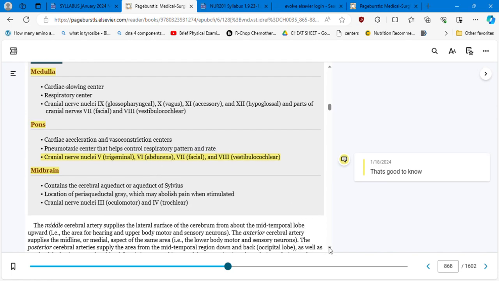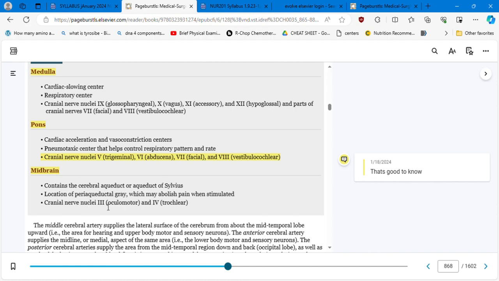Even though we are not yet at the cranial nerves, I want you to pay attention. This is good to know. We need to review the function of cranial nerve nuclei 5, 6, 7, and 8. That's good to know. The midbrain contains the cerebral aqueduct of Sylvius.